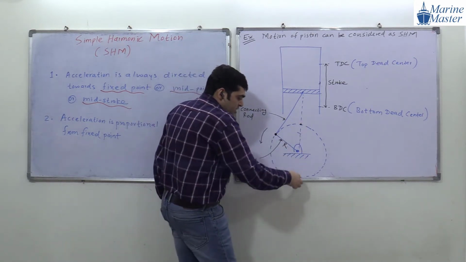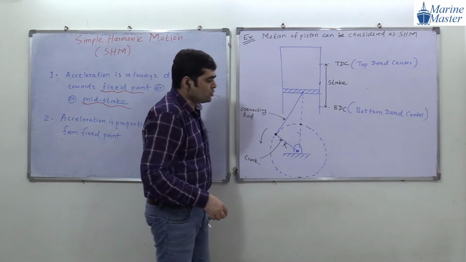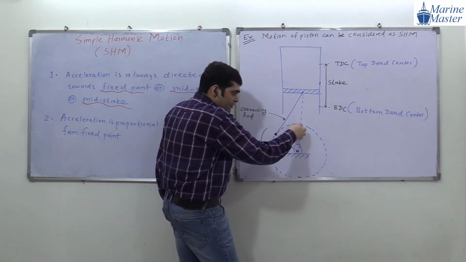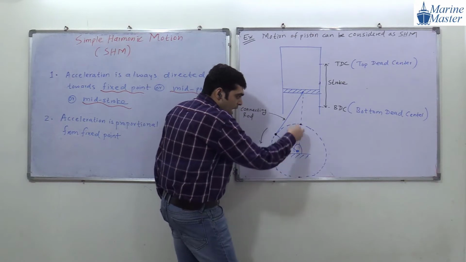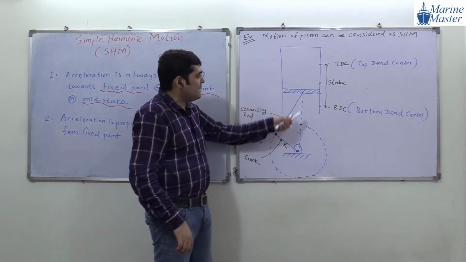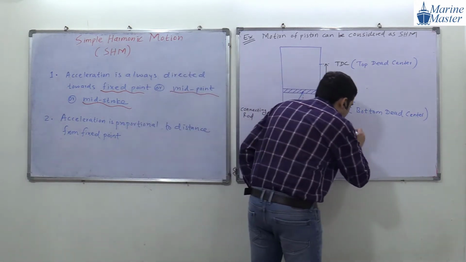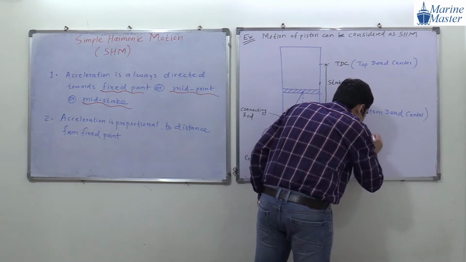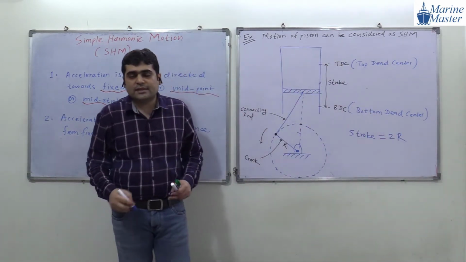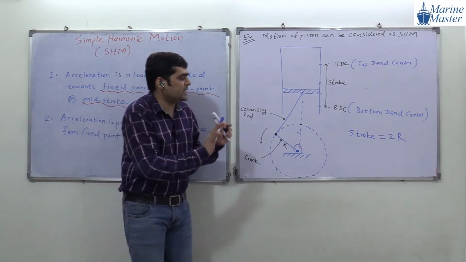From this point to this point, the distance will be 2R. Whatever vertical distance is moved by this point, the same distance will be TDC to BDC. So here we can say stroke is equal to 2R. Anyone have any doubt in this discussion?